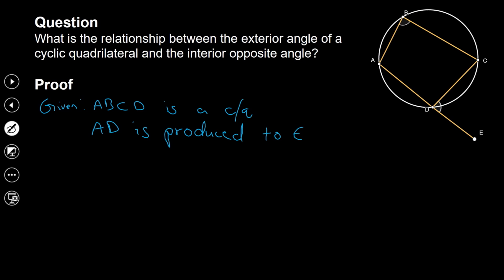So I know these two things already. Given that this is a cyclic quadrilateral, I know that angle B plus angle ADC is equal to 180 degrees. Why?